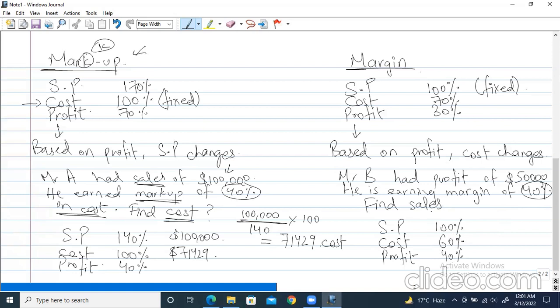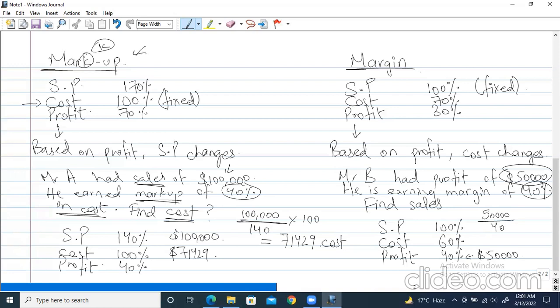Now, what do we have to find? We have to find the sales. And what figure are we given over here? The profit one, right? So we'll write $50,000 along with the profit percentage. Now it's very easy to jump to the sales. What do we have to do? 50,000 divided by 40, because this is representing 40%, you can see, right?